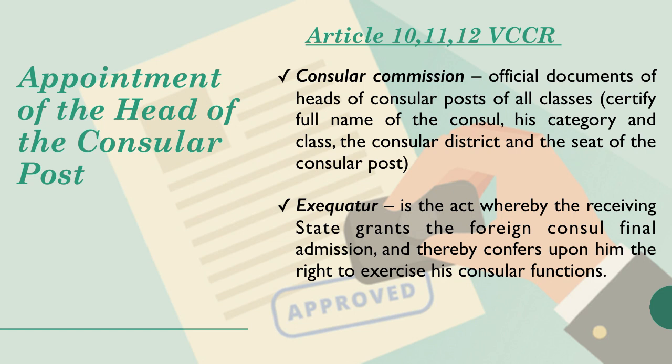Article 11 declares that the head of a consular post shall be provided by the sending state with a document in the form of a commission or similar instrument made out for each appointment, certifying his capacity and showing, as a general rule, his full name, his category and class, the consular district, and the seat of the consular post.